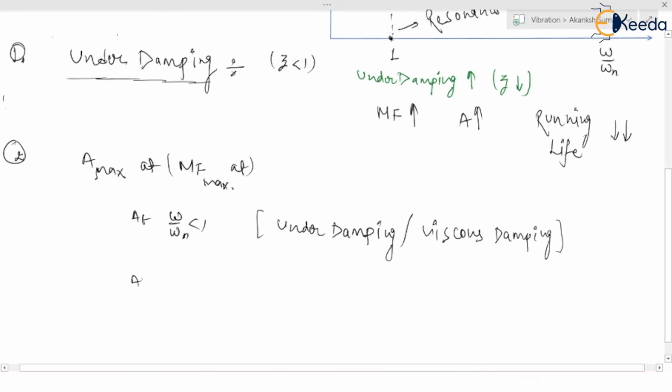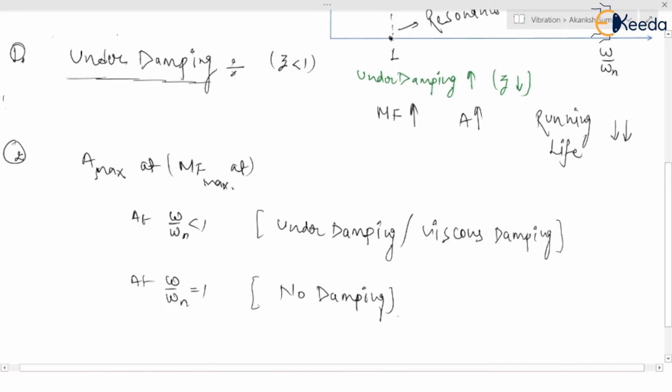And at the position omega by omega n is equal to 1, this is known as resonance, and at these conditions no damping is there. No damping. You can see the graph. At the resonance condition, no damping is there.